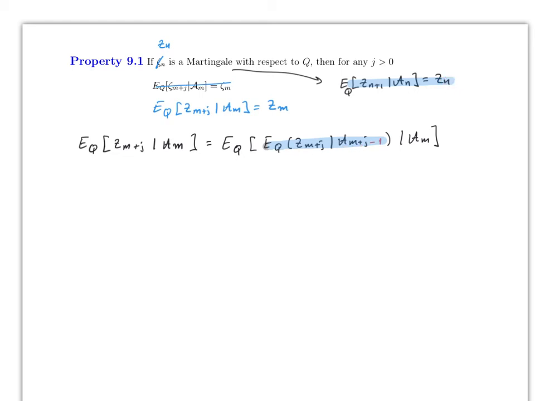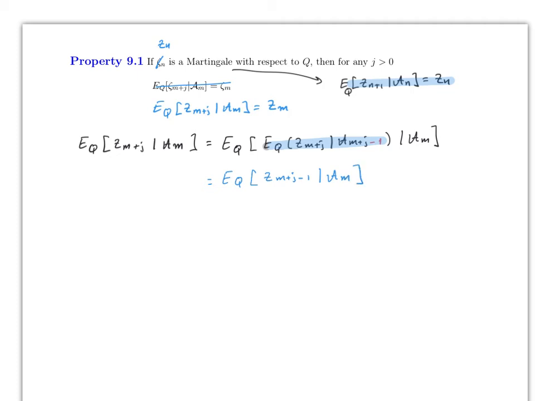So this will give you the expected value with respect to Q, and the highlighted part should just give you Z_{m+j-1}, and then all of this is given A_m.